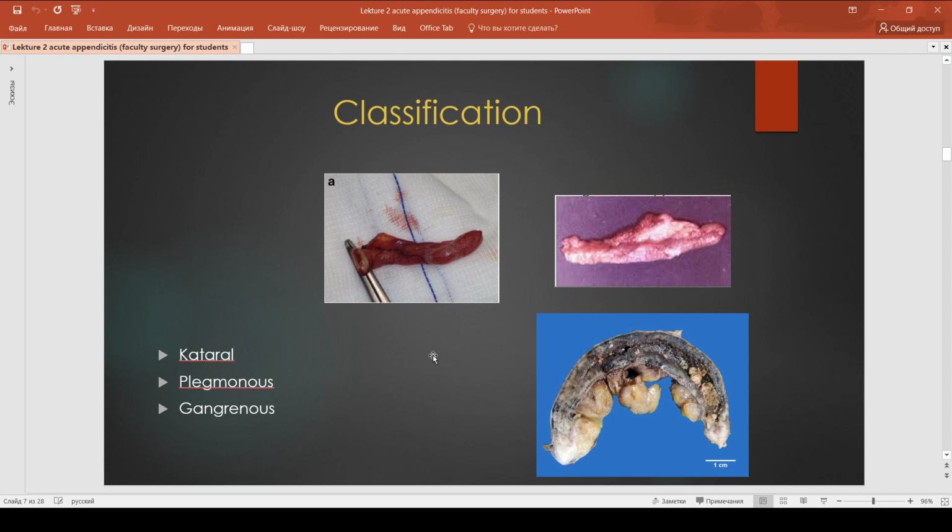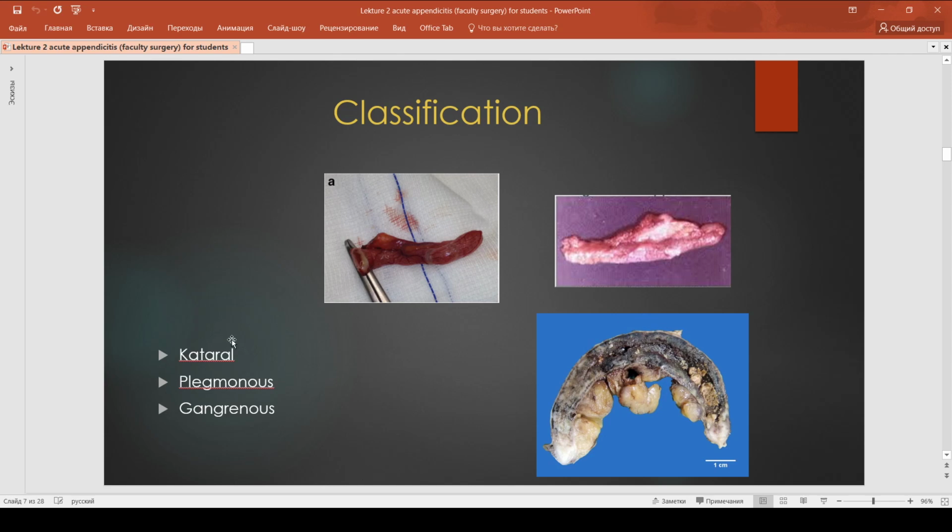This is the early onset, and most catarrhal appendicitis must not be touched, because maybe the reason for the abdominal pain is not appendicitis. You can see this appendicitis in the first picture.